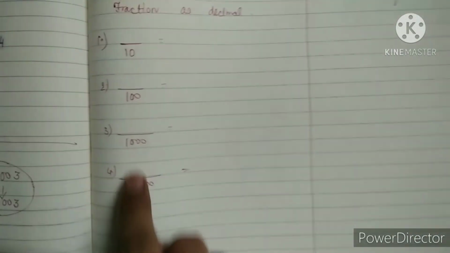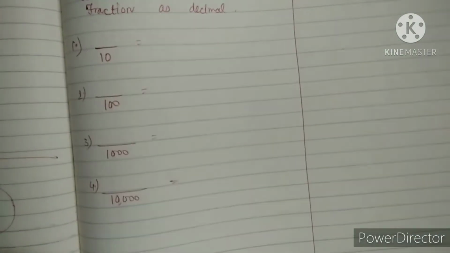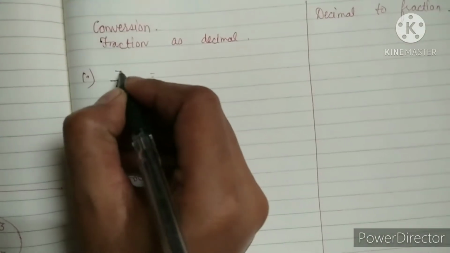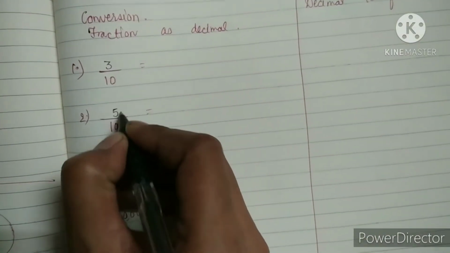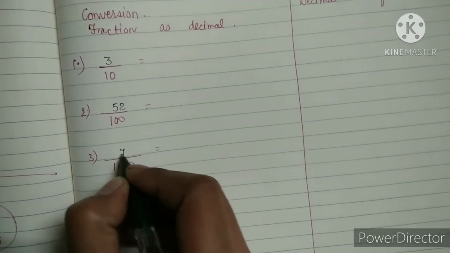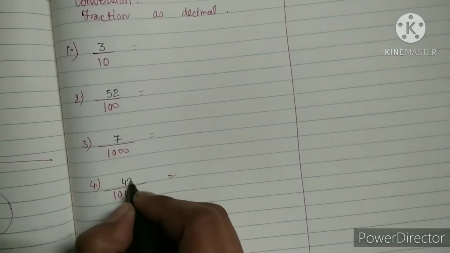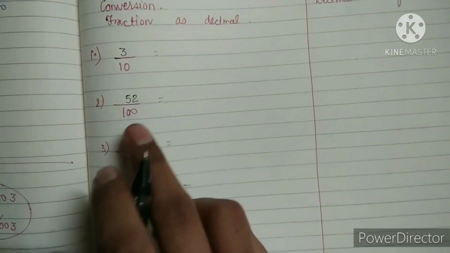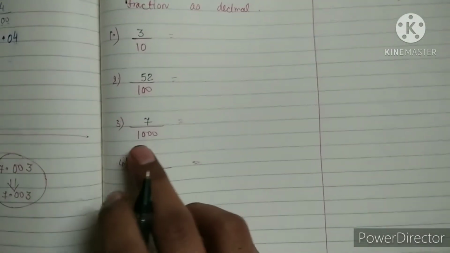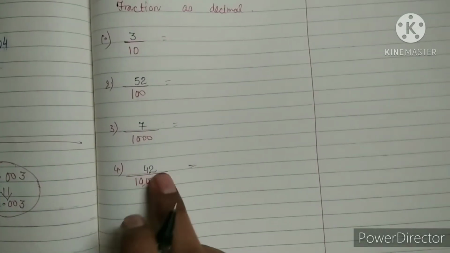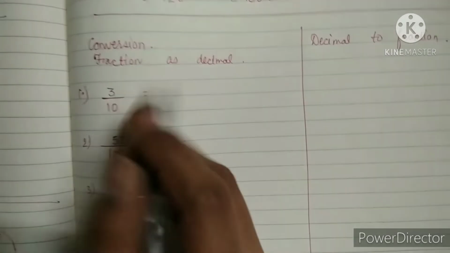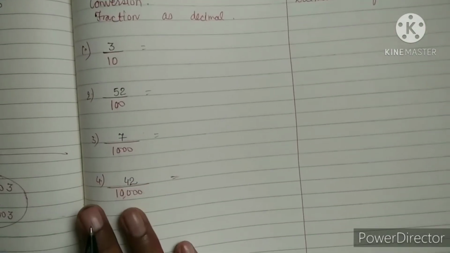Firstly we will see these four, and after that we will see another kind of fraction. If here I have 3 by 10, 52 by 100, 7 by 1000, 42 by 10,000, it means 3 is divided by 10, 52 is divided by 100, 7 is divided by 1000, 42 is divided by 10,000. This is very simple.